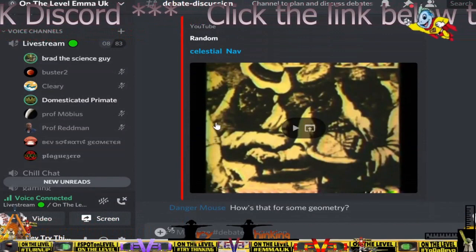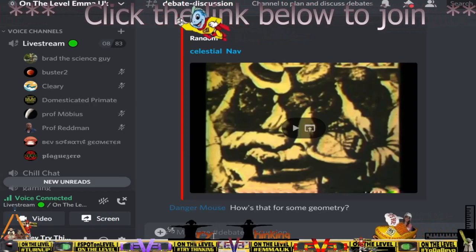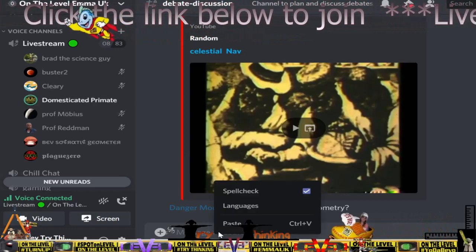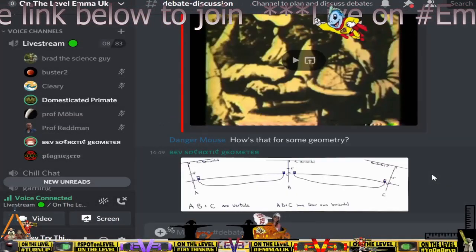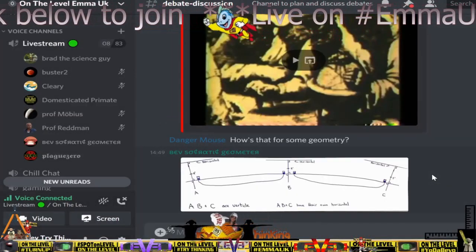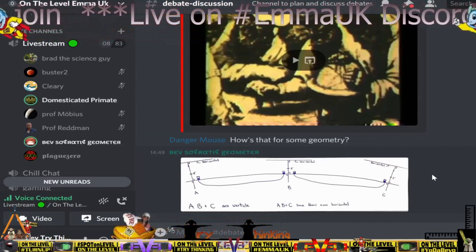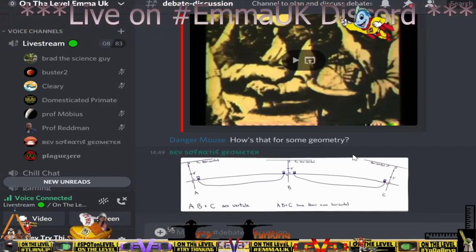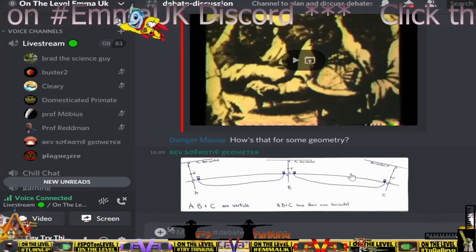Well, I'm not in Discord at the moment. Hang on, let me get back to Discord. Your first drawing, which one? The one I've just put in the debate discussion. Not that one, Brad's first drawing, with the vertical.